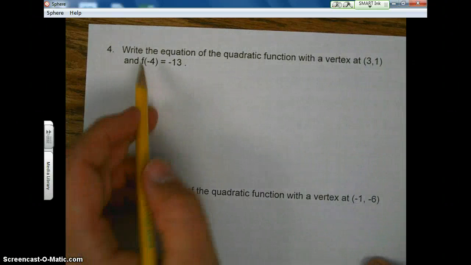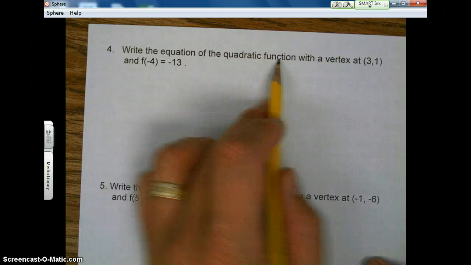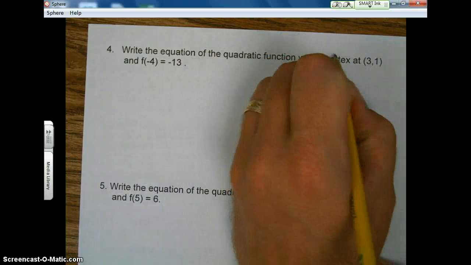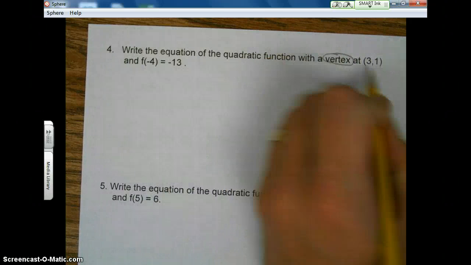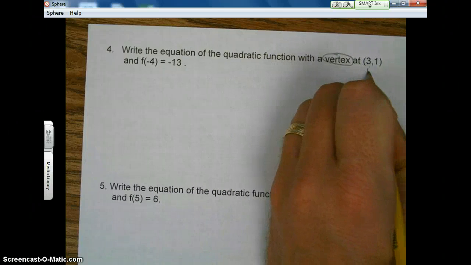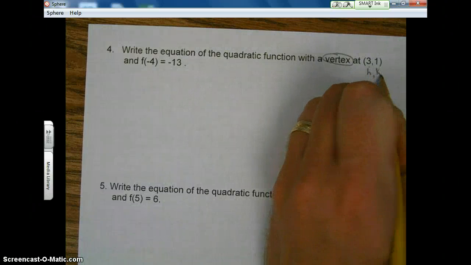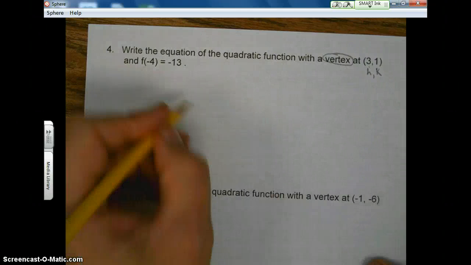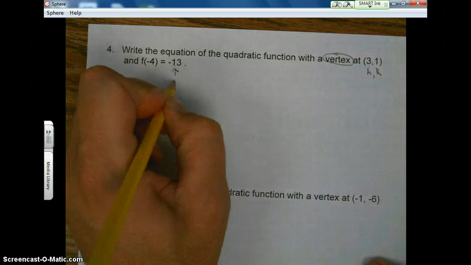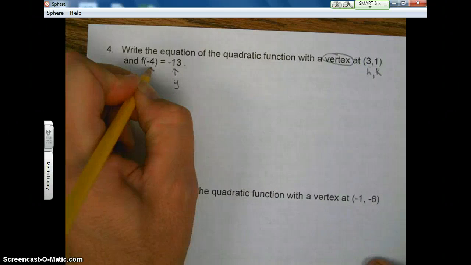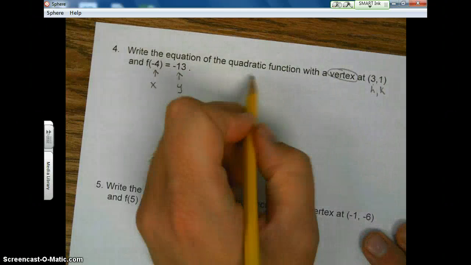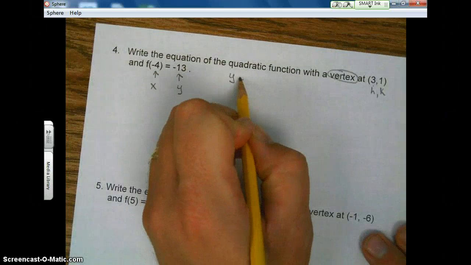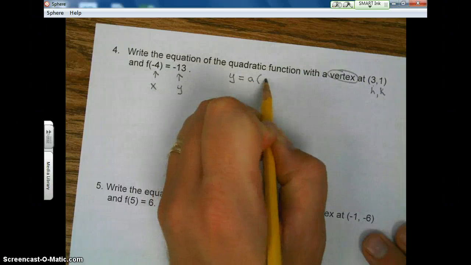Take a look at number 4. We want to write the equation of the quadratic function with a vertex. That's our clue. So remember, this is h, this is k. Again, we're given y and x. So vertex form. Look at the front of your paper if you can't remember.